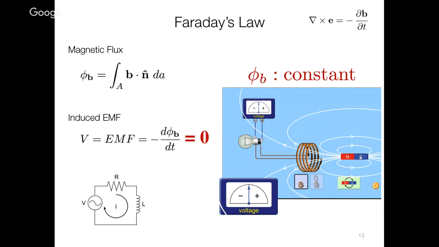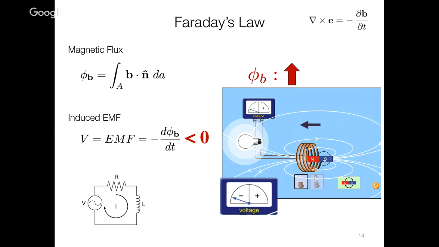Now take this magnet, so if I push it in, then there's going to be stronger magnetic fields. So there's going to be flux that's increasing. That minus sign means that the voltage is actually going to be negative, so that the current is going to be flowing in one direction, but there's still going to be a current flowing, so the light bulb goes up. Anyway, I pull it back.